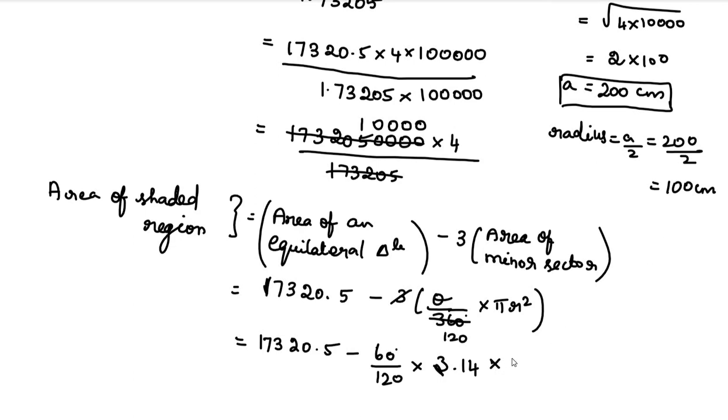What we have found here is 100, so 100 into 100. So 10 and 10 cancel, 6 ones are 6, 6 twos are 12. And when I cancel this, with 3.14 I will get 1.57.